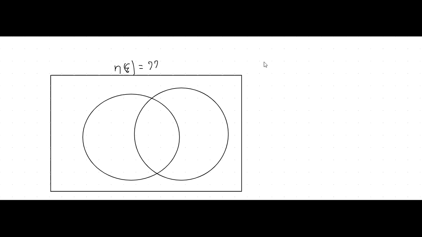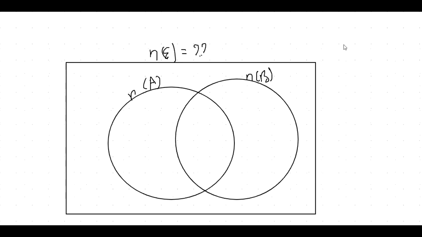Then we have the number of A, and the number of B. And then what is that region to our left?